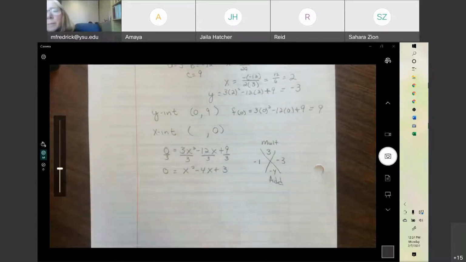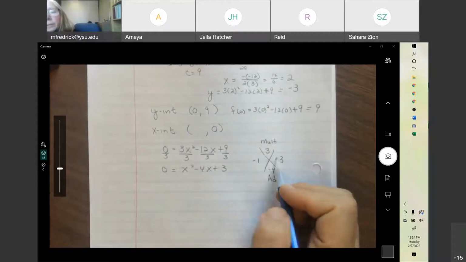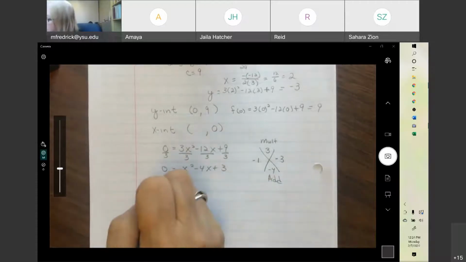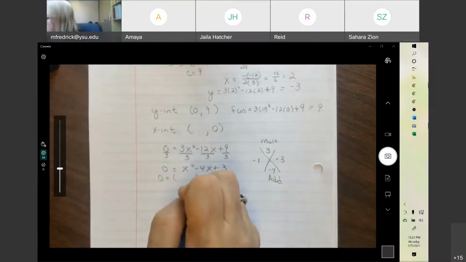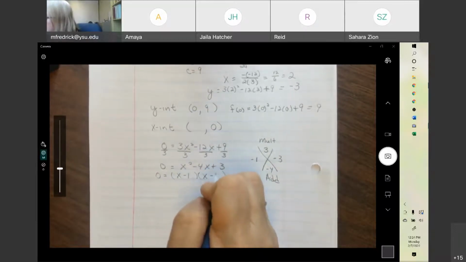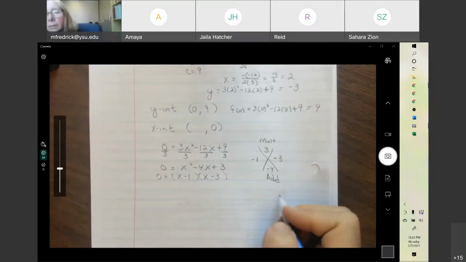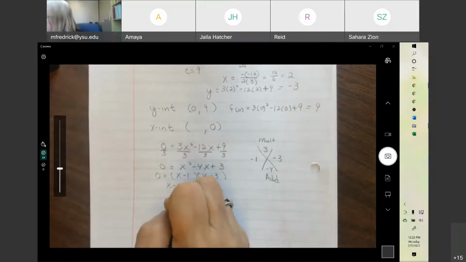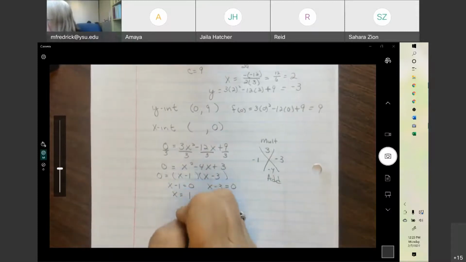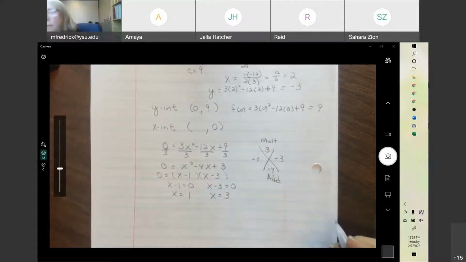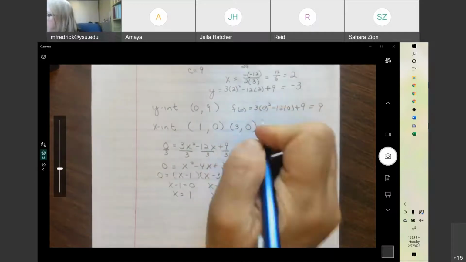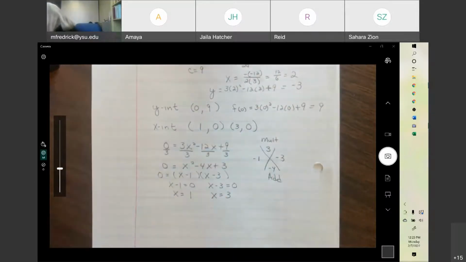One and 3. If they're both negative, when I multiply, I still get the positive 3, and when I add, I get the negative 4. So those reviews that we did will come in play in this section. X minus 1, x minus 3. Set them both equal to 0. And get 1 and 3. So we have two x-intercepts. Any questions on that?